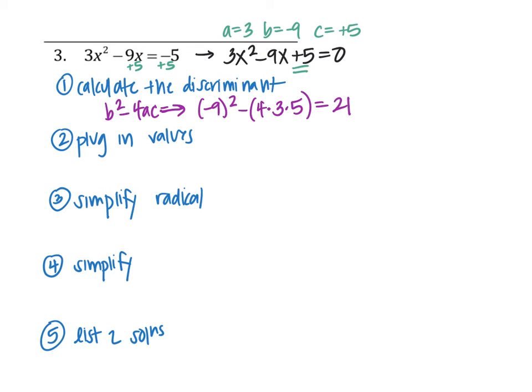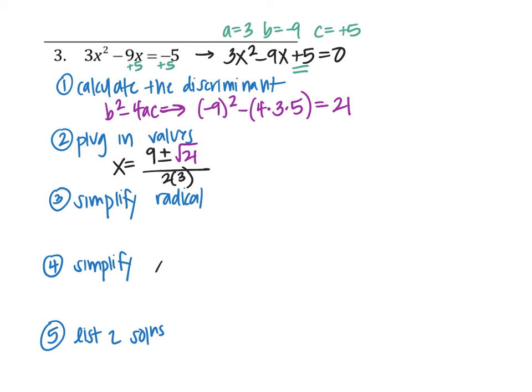So I'm going to plug in my values. X equals opposite of B. So remember, B is -9, so opposite is +9. Plus or minus the square root of 21 all over 2A. So simplify radical. Can I simplify square root of 21? No, right? There's no perfect squares that go into it.